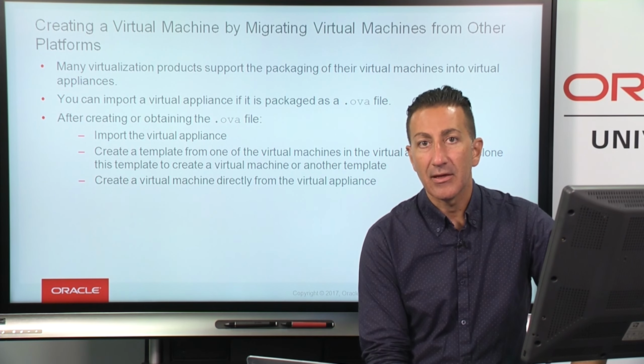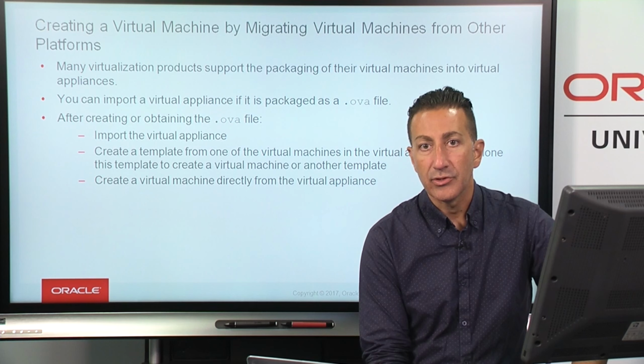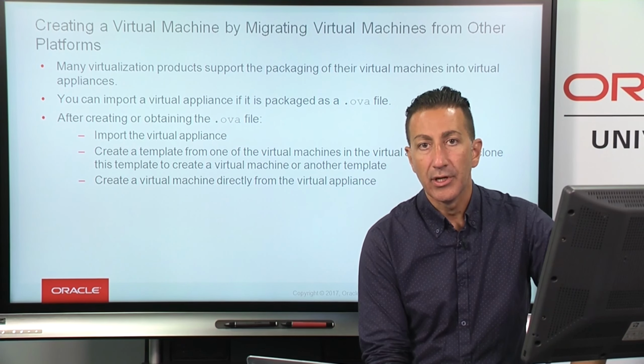After you have the virtual appliance file, typically a file with the .ova extension, you can import this file into your repositories using the import appliance assistant that comes with the Oracle VM Manager user interface or the CLI.